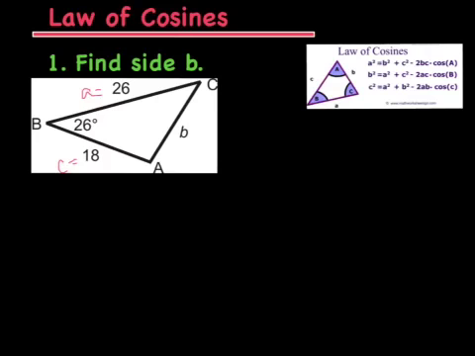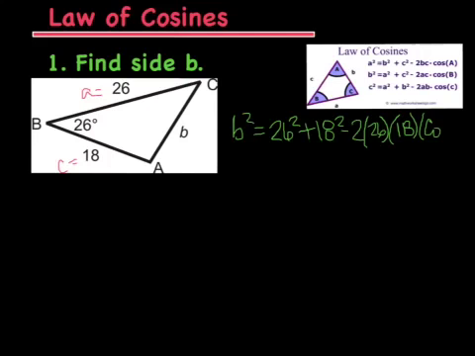So we have b squared equals a squared, which is 26 squared, plus c squared, which is 18 squared, minus 2 times a, which is 26, times c, which is 18, times cosine of b, which is 26 degrees.